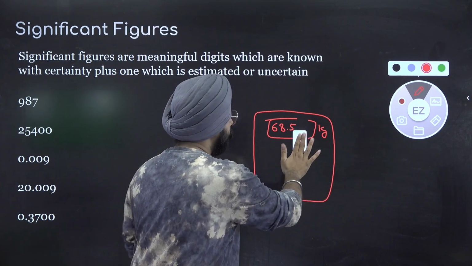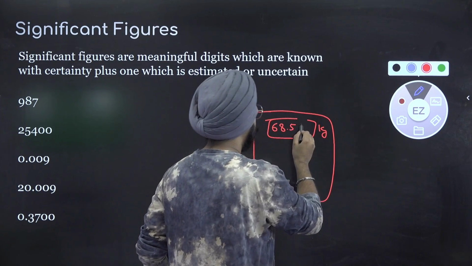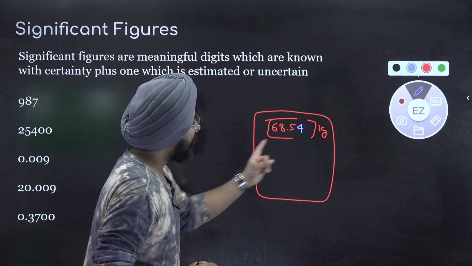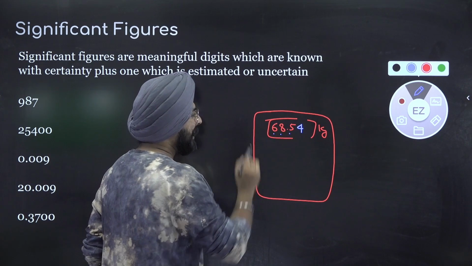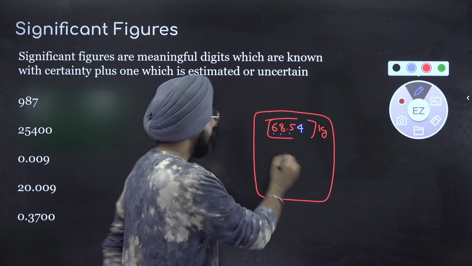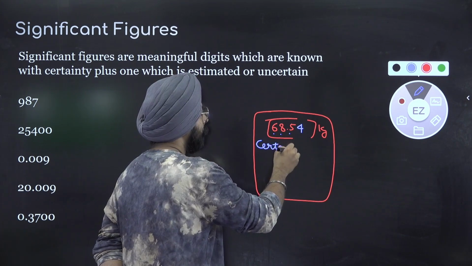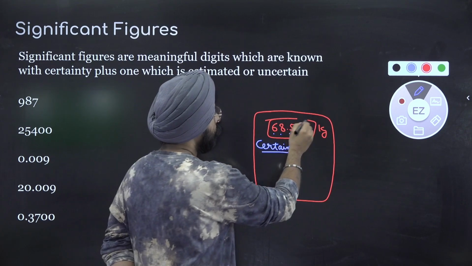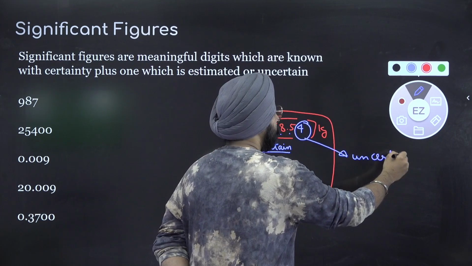So let's say after this number settles down, it comes to 68.54. Let's say. So what's happening over here is that these three digits, 6, 8 and 5, these are your certain digits, right? 6, 8 and 5 are certain, but 4 on the other hand is an uncertain digit.